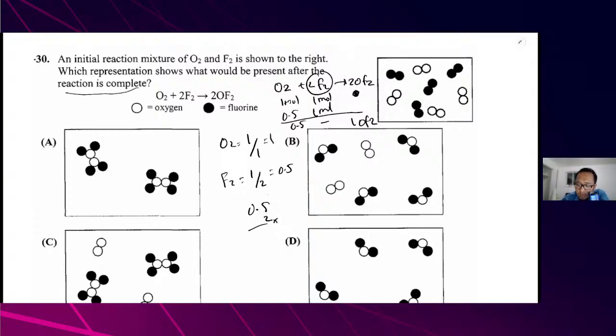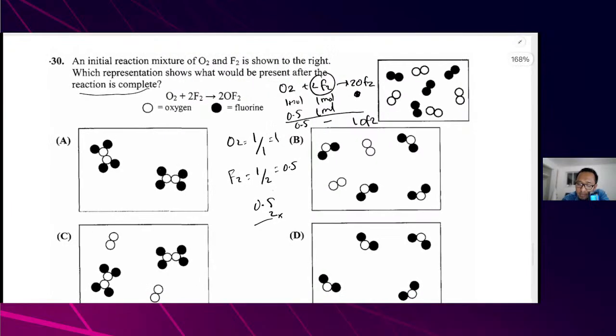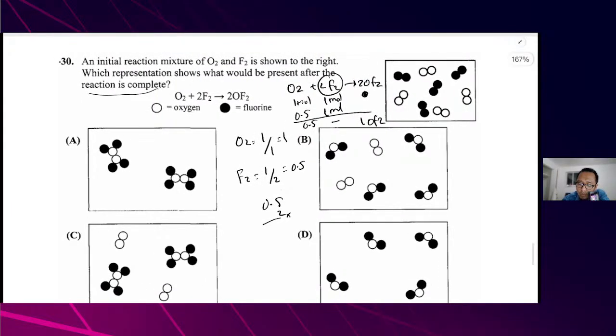Let's take a look at this one first. Fluorine is the black dot, and oxygen is hollow. Based on this information, O2 should still exist, as you can see.